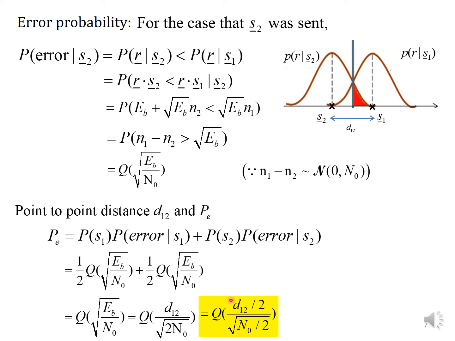Because D12 here becomes smaller, the overall Q function becomes larger.